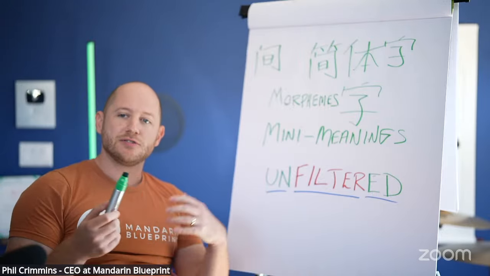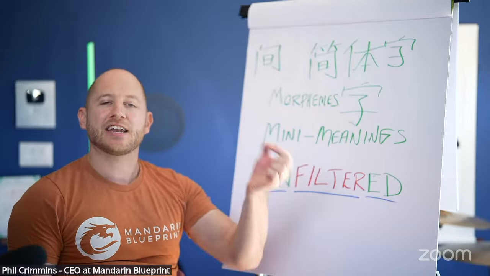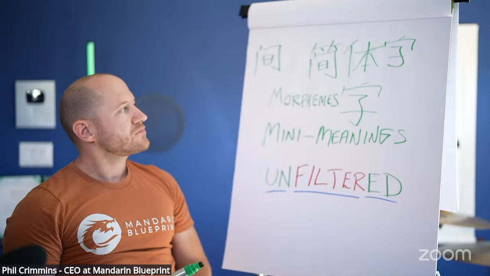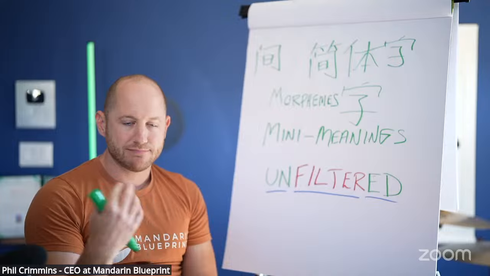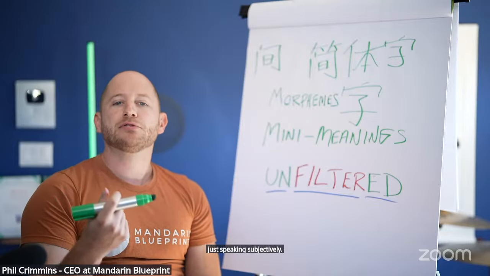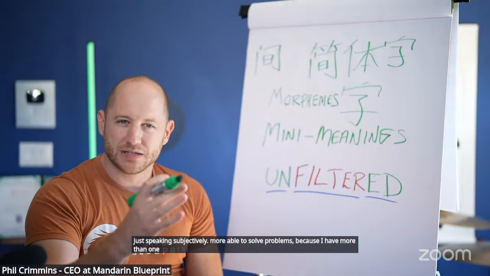It creates this new way of seeing the world that categorizes it differently than, say, we do in English. And internally speaking, this has made my brain, just speaking subjectively, more able to solve problems because I have more than one operating system.